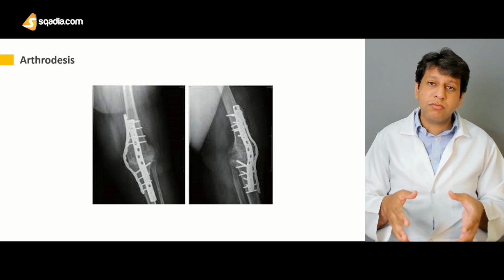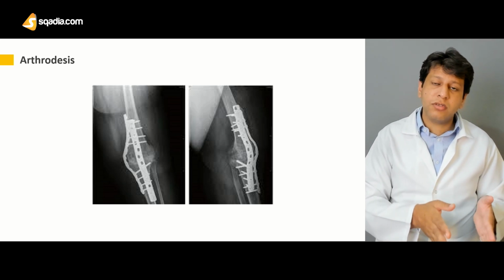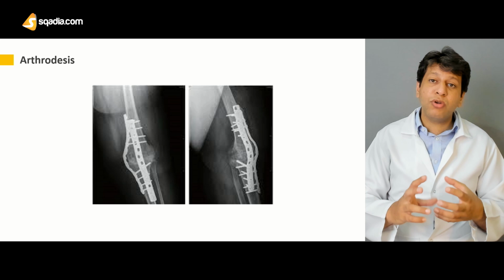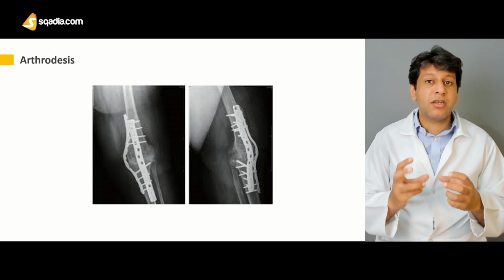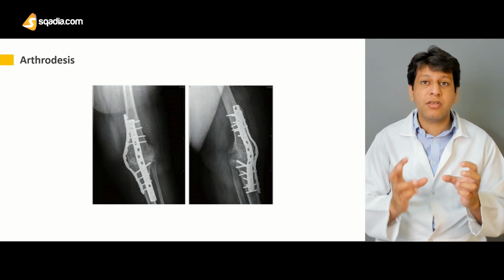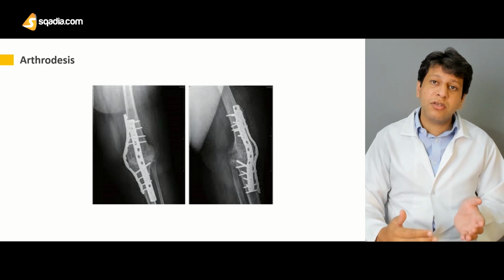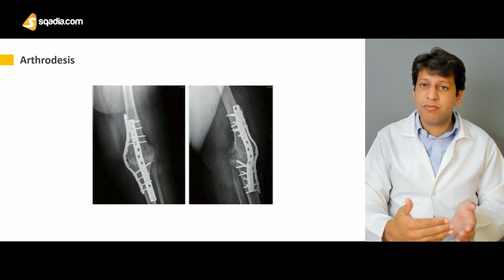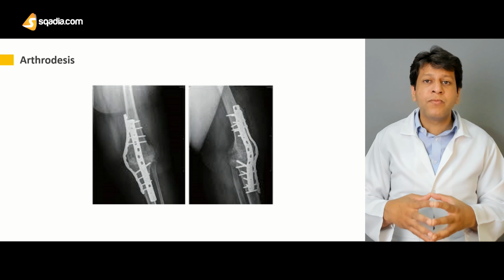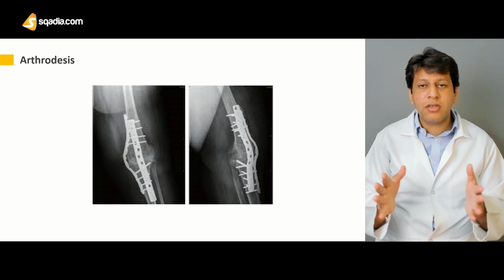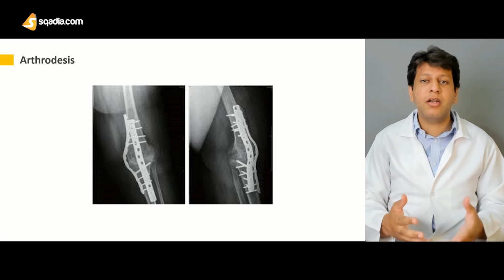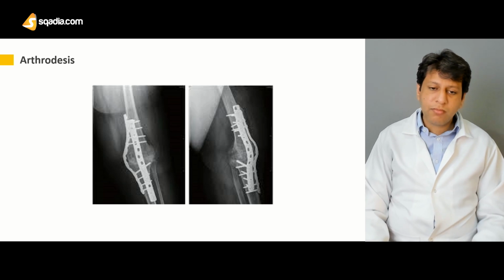But nowadays, with newer generation prostheses available, which can rotate like a normal knee joint during flexion and extension, with second and third generation prostheses available, the indications for arthrodesis have reduced, and it's rarely done nowadays.